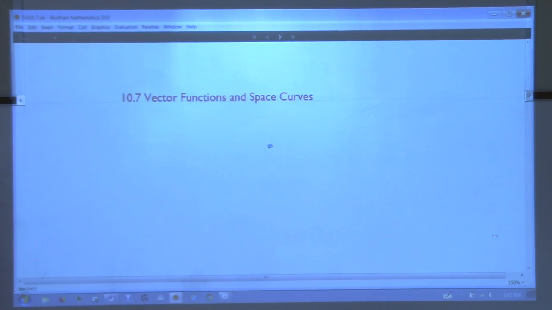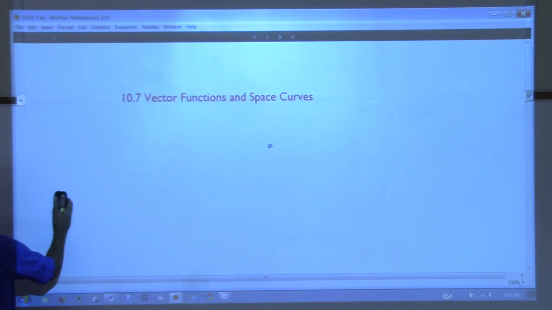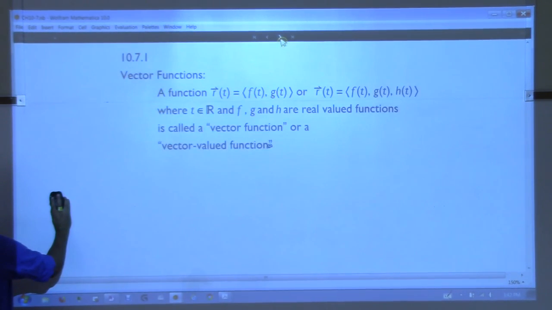This function, r of t, was a vector-valued function. It takes in a number t and it spits out vectors, right? Takes in a number, spits out a vector. So now we're going to get more general and talk about general vector functions and space curves.